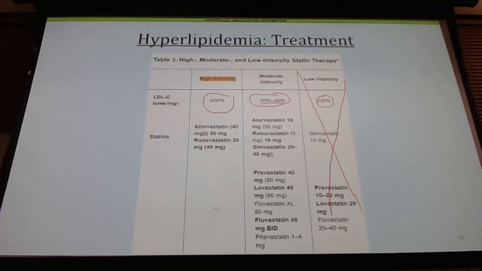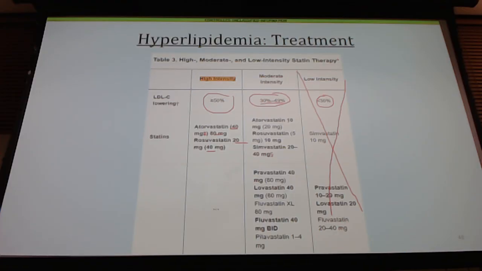And it's important to show, based on studies, the medications and the dosages that get you those results: atorvastatin 40 or 80 milligrams will get you at least that 50% reduction, and rosuvastatin 20 to 40 milligrams. So those are the only two medications and the only two doses of those medications that you should expect at least a 50% reduction of LDL from.